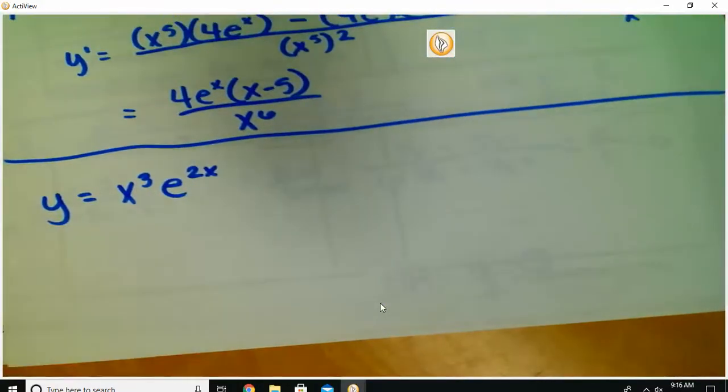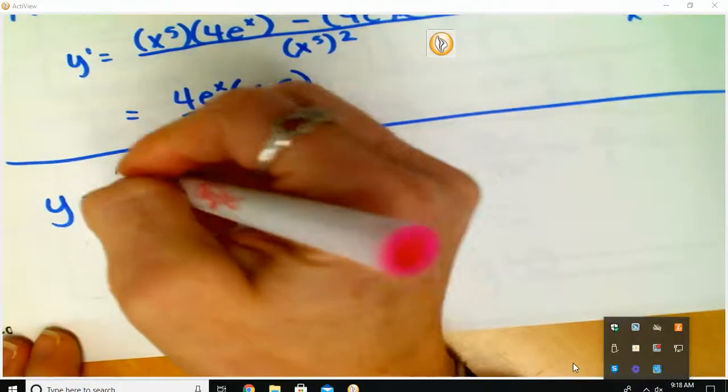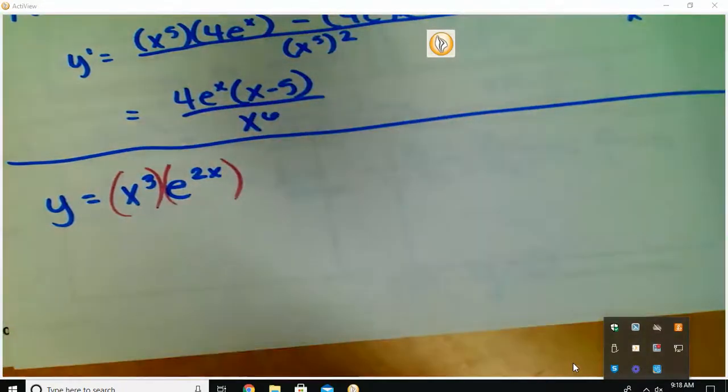x cubed e to the 2x. Find its derivative. So we have to do this as an x cubed times an e to the 2x.